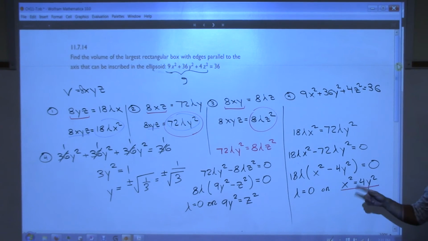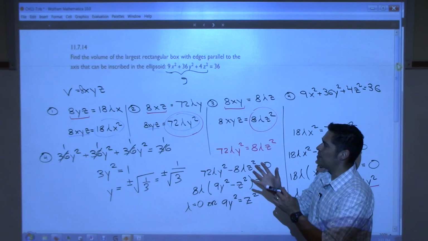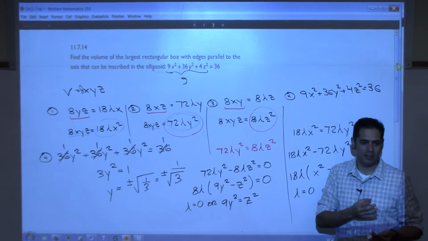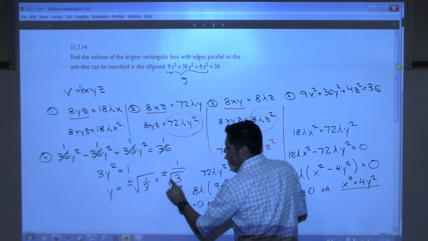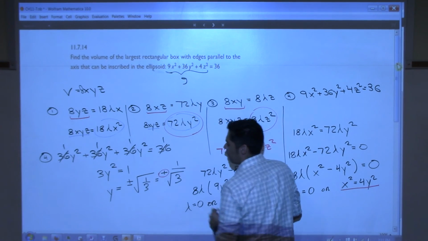We only have to look at the positive, because the x, y, z we were picking was in the first octant, so all the coordinates were positive.